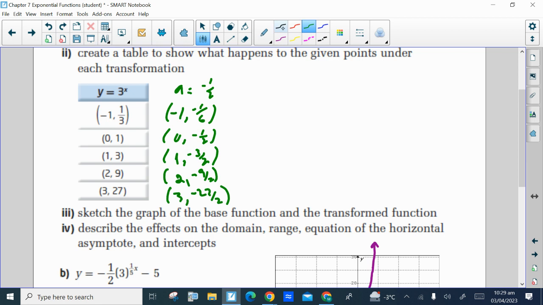Our next parameter is our b value of 1/5. So we said that's a horizontal stretch about the y-axis, and the stretch factor is the reciprocal of b. So it's a horizontal stretch by 5. We're going to multiply all of the x values by 5.